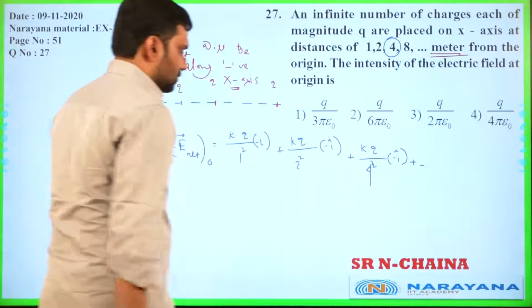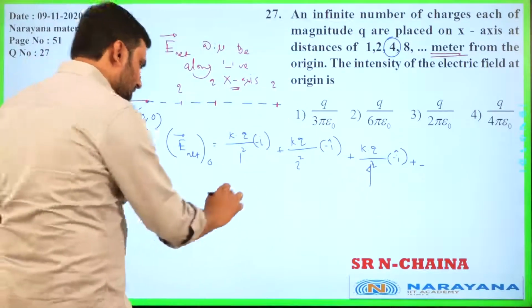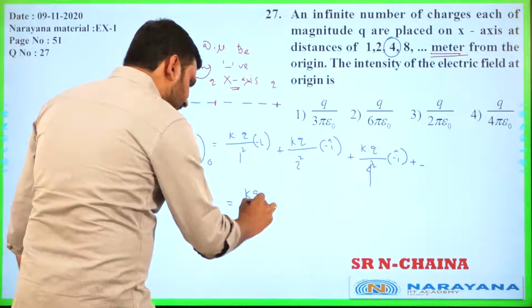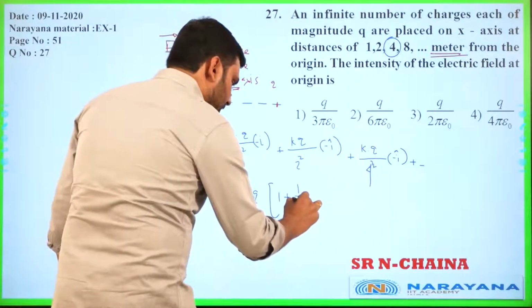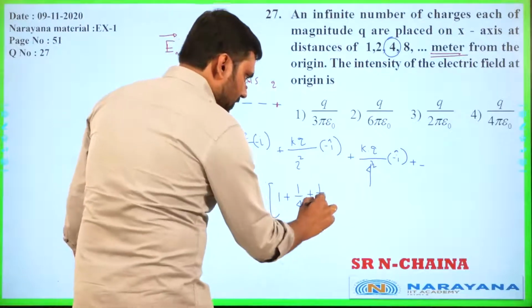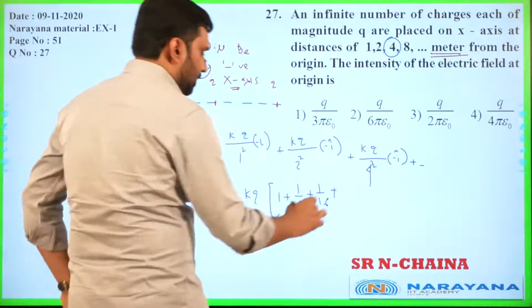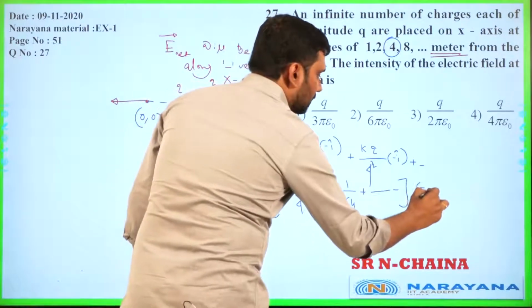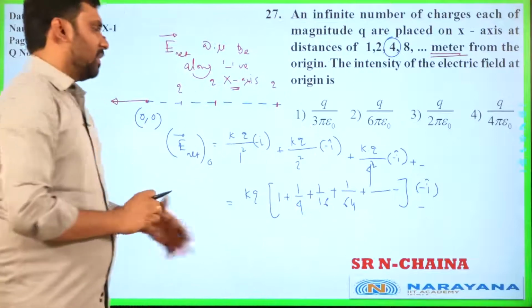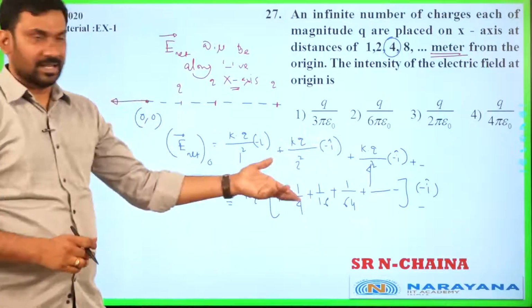And it continues. Now it is easy, you got the series actually. So we'll simply take KQ within bracket 1 plus 1 by 4 plus 1 by 16 plus 1 by 64, into minus i cap. So now you just put it in series, you will get the answer very easily.